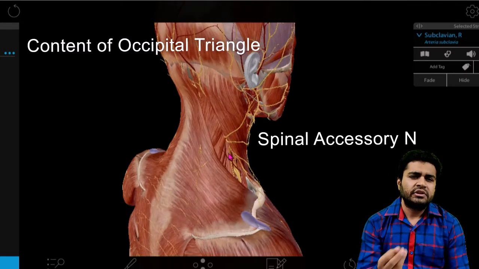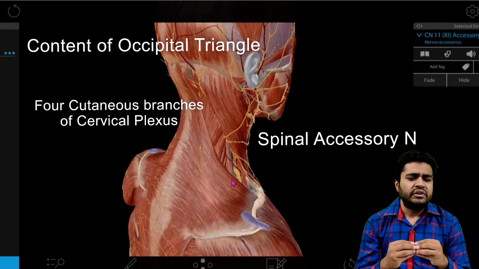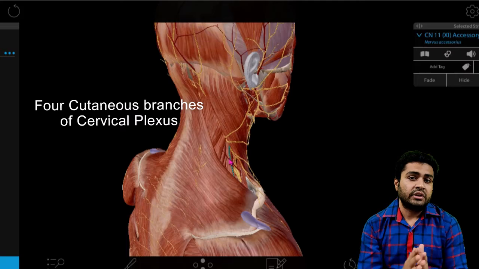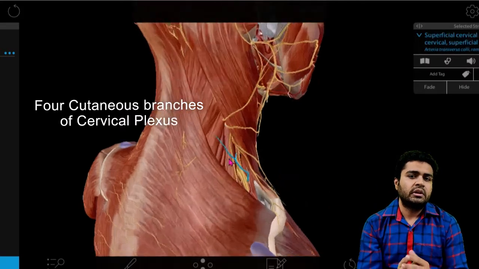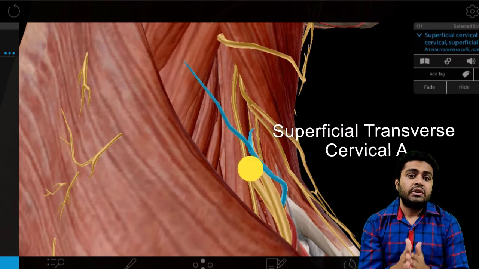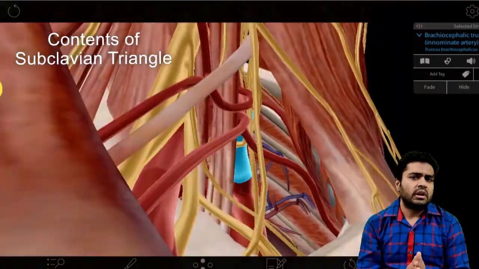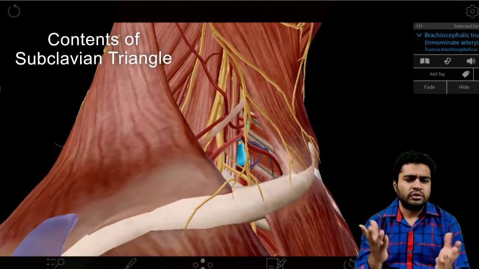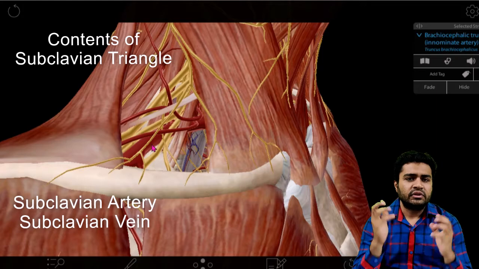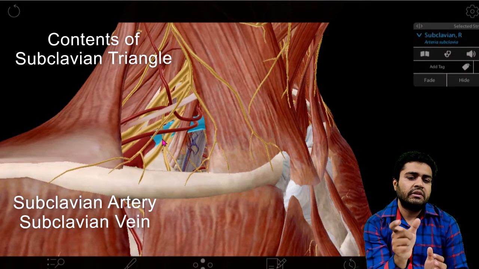Just remember: the spinal accessory nerve is there, and the branches of the cervical plexus which pass through the occipital triangle and then go superficially, which we have just remembered: transverse cervical, lesser occipital, greater auricular, and supraclavicular nerves.